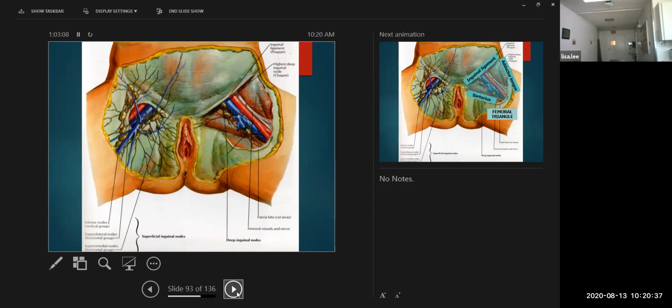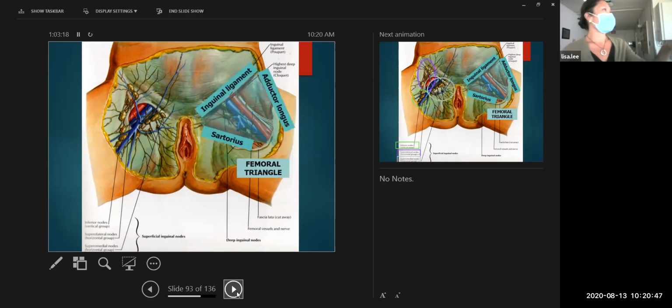They talk about this as the femoral triangle. Anyways, there's a border. You've got your inguinal ligament, your adductor longus muscle, and your sartorius muscle. Those are the borders of your femoral triangle, and what you want to do is resect the nodes in that triangle.